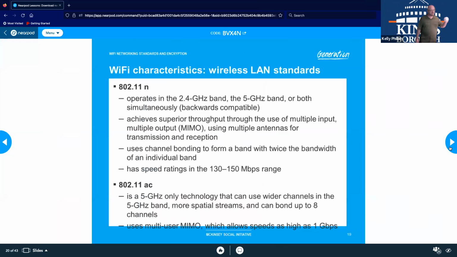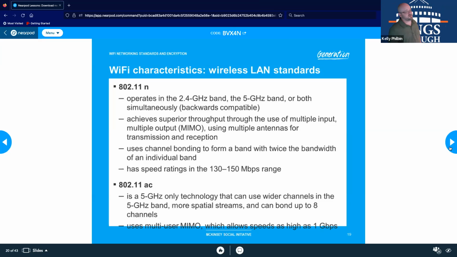Getting a little bit better when we get into 802.11n. This now operates on both 2.4 and 5 gigahertz. Pretty awesome stuff. Also backwards compatible. But they were able to achieve much higher speeds because they were able to use multiple antennas.